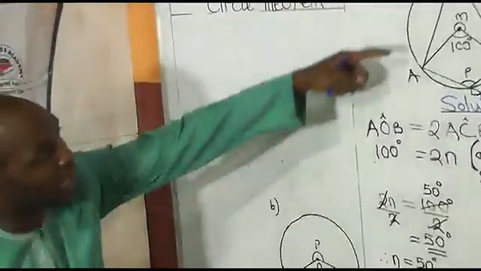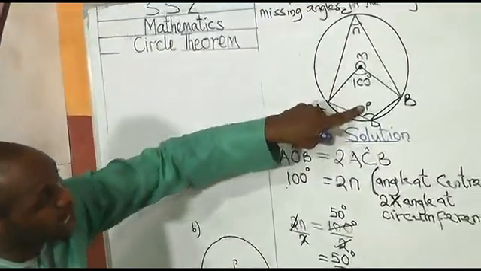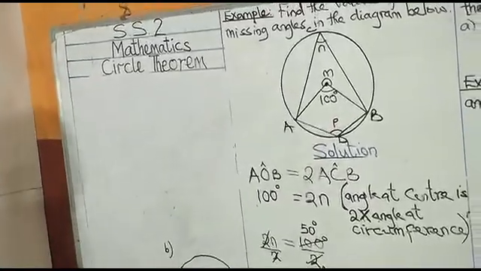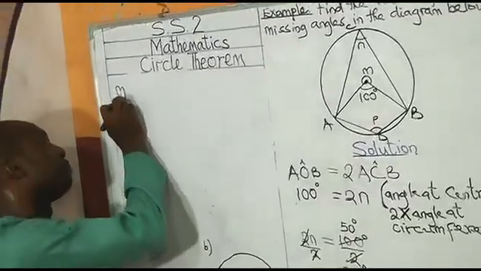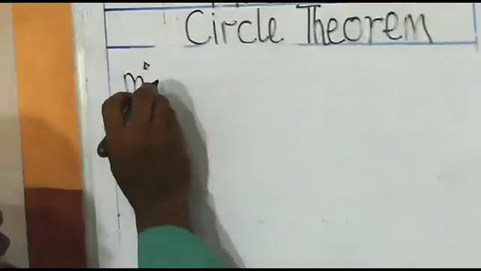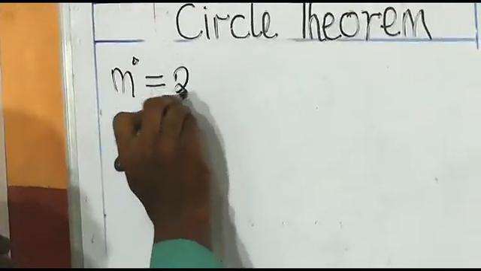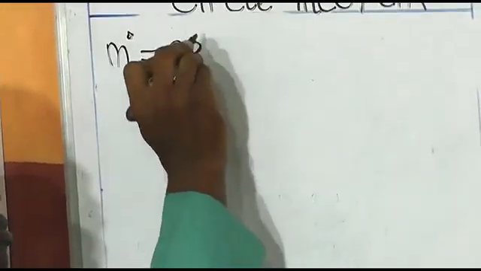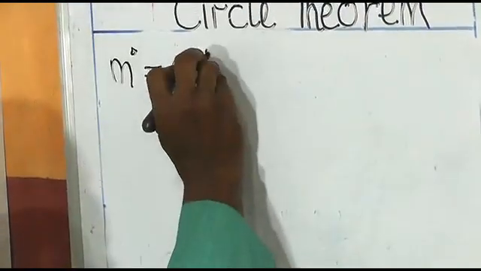Angle at center is 2 times the angle at circumference. That is to say, m in degrees is equals to 2p in degrees.